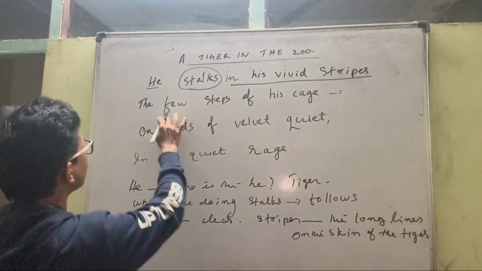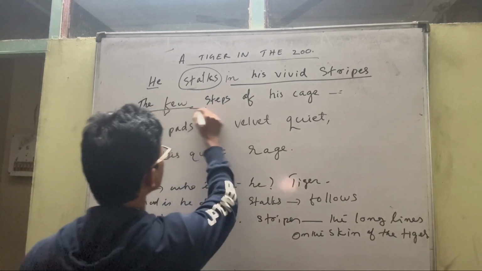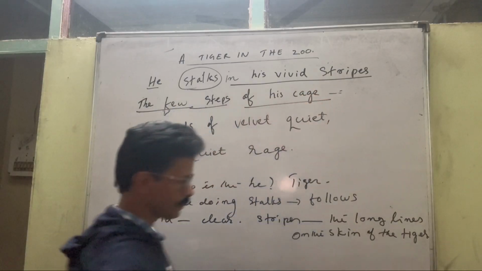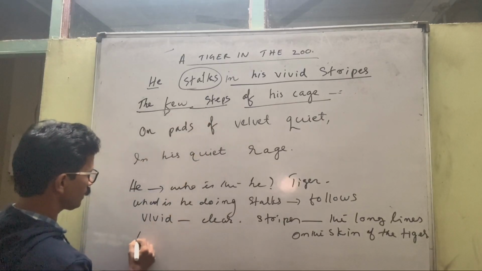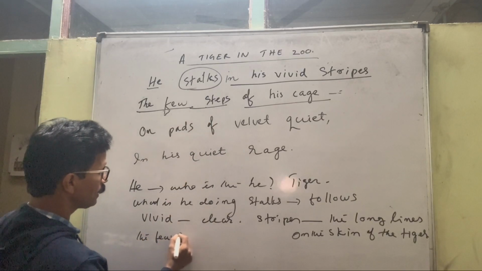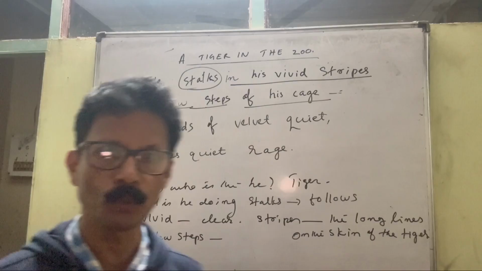And next, the few steps of his cage. He stalks, meaning he walks, the few steps. What is the meaning of the few steps?